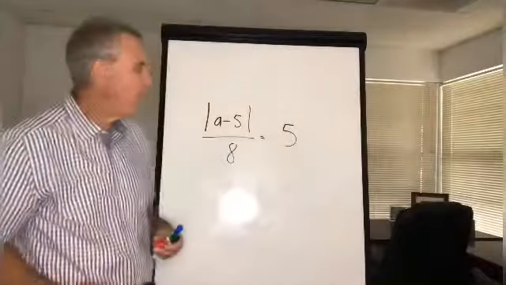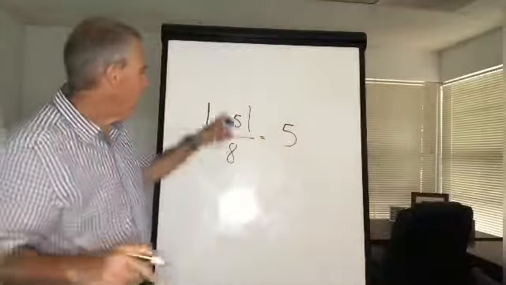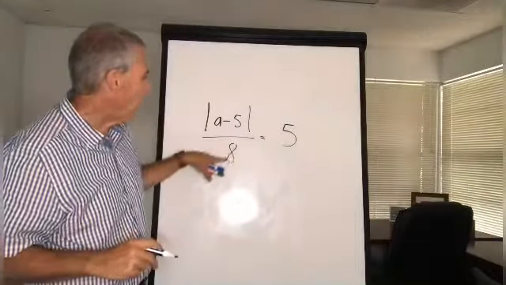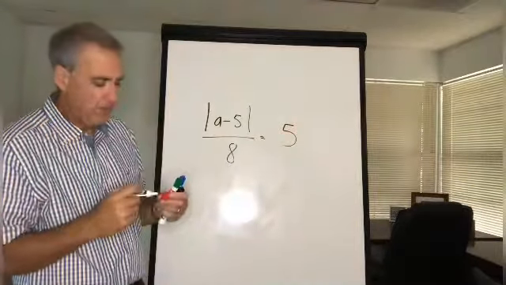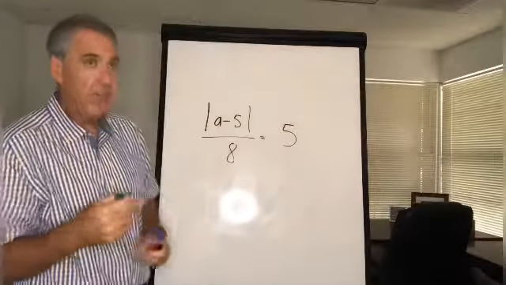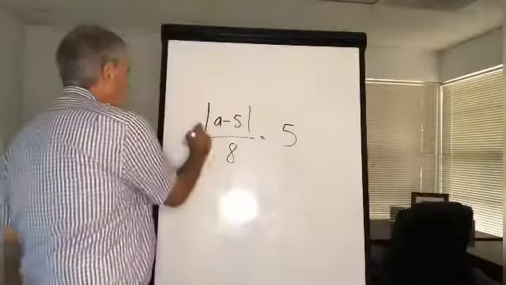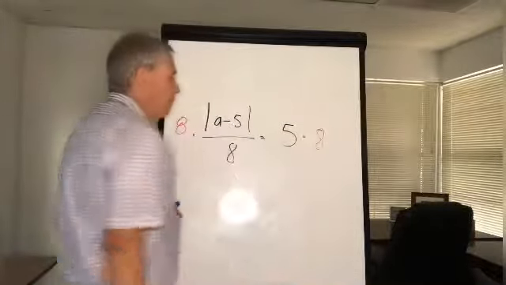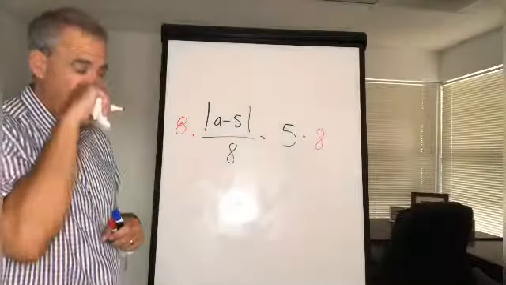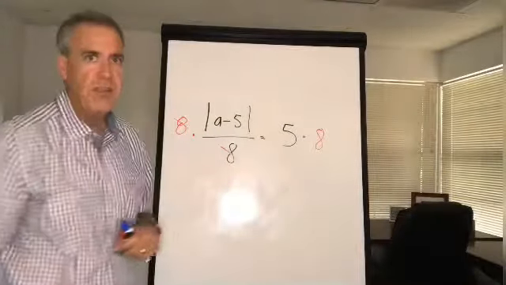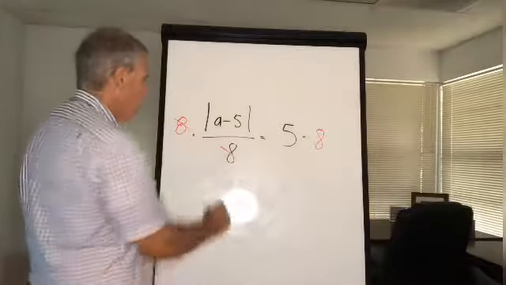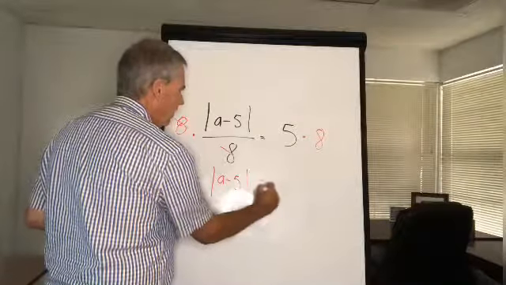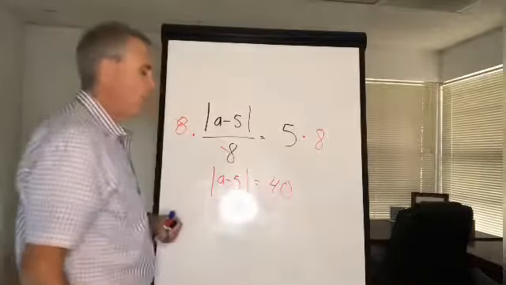Same thing: we want to get rid of everything on the left except for what's in the washing machine. Here we're being divided by 8, and the opposite of divide by 8 is multiply by 8. Of course, math is fair, so we multiply both sides by 8, not just one. These 8s cancel each other out, and now I'm left with just my washing machine and what's inside of it. 8 times 5 is 40.